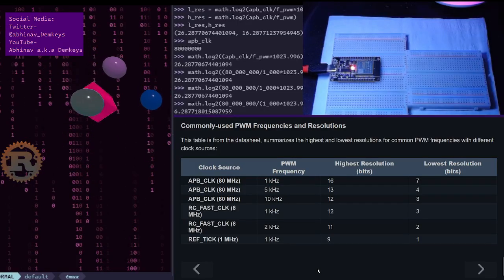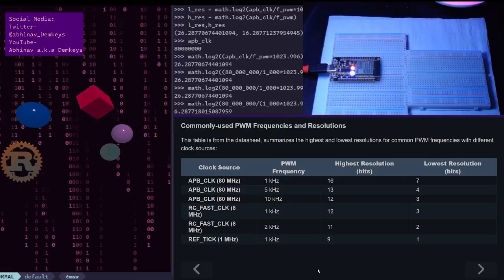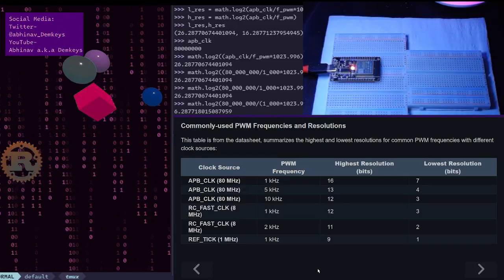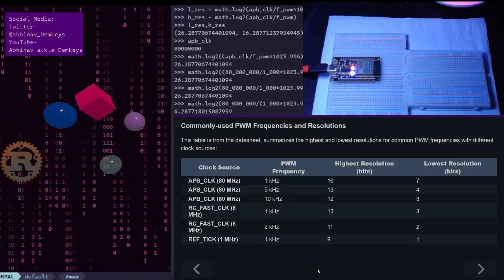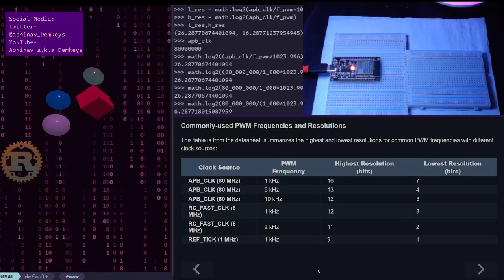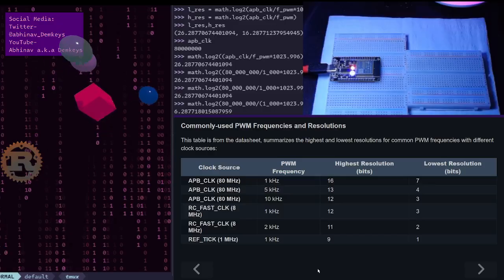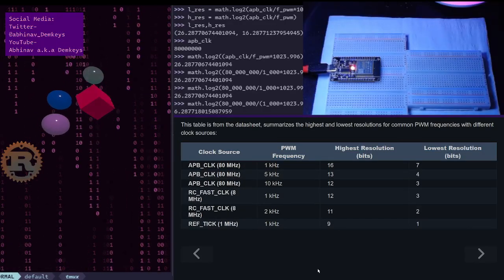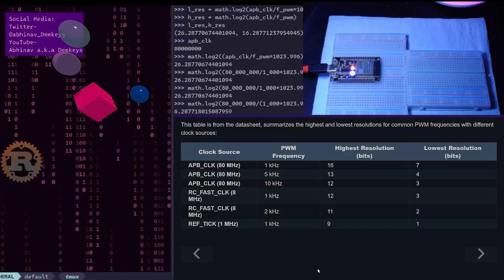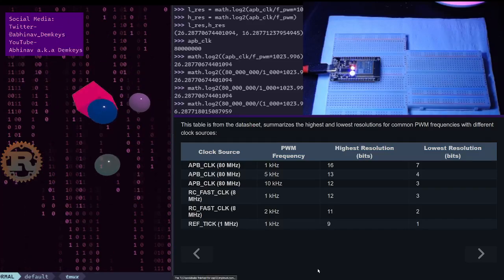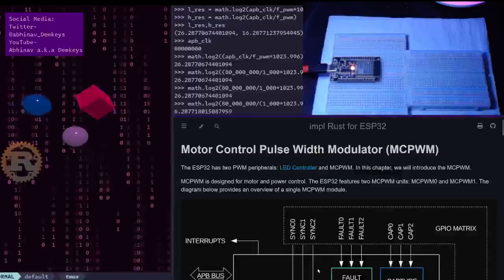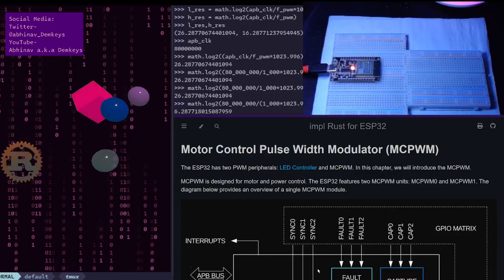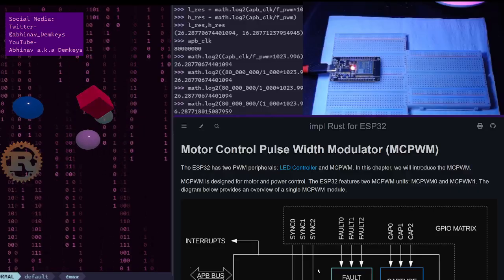So if I set resolution bits to be 15, that's probably not going to work out. Hopefully it might give an error. I think that would be worth experimenting with on the Rust side, to see if that actually gives us an error.